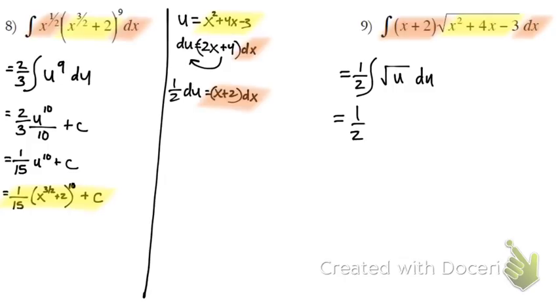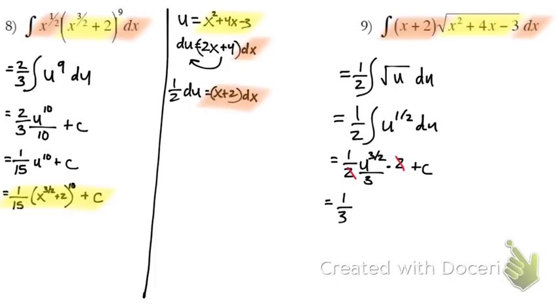If I rewrite this, I get 1/2 times the integral of u to the 1/2 du, which is 1/2 times u to the 3/2 over 3/2 plus c. My coefficients, the 2's will divide out to be 1. So that's just 1/3 times u to the 3/2 plus c.